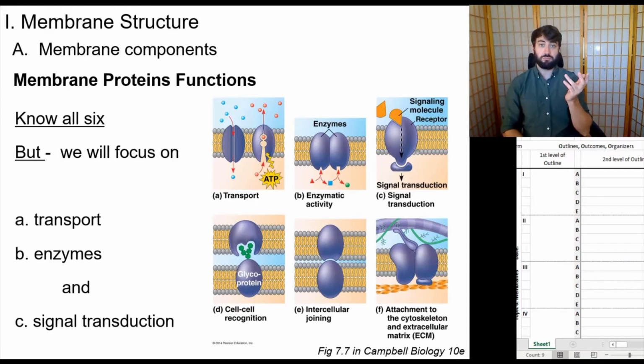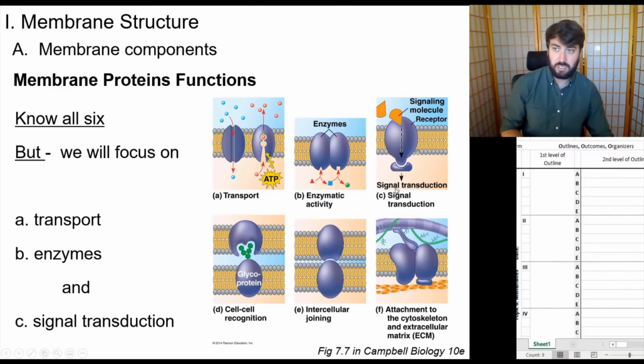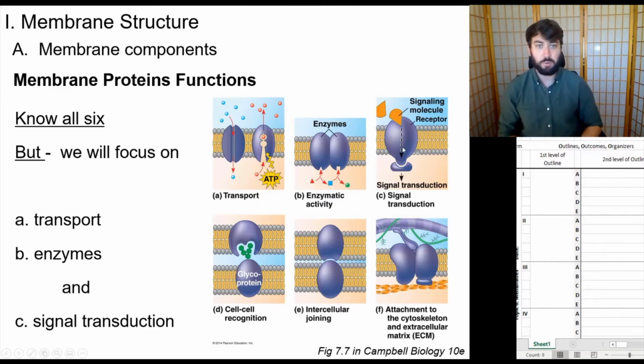We'll get to that later. And then, as you can see here, they can function as part of signal transduction pathways, which basically means they help pass a message from outside the cell to the inside of the cell. We'll talk more on that later in the course.